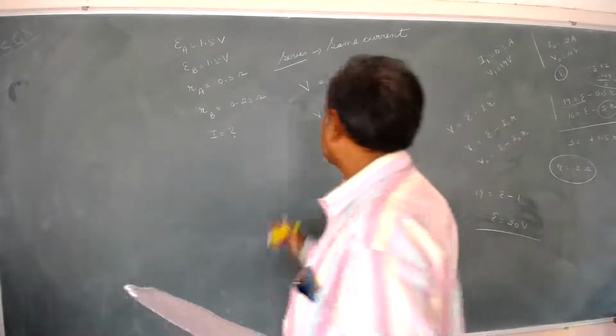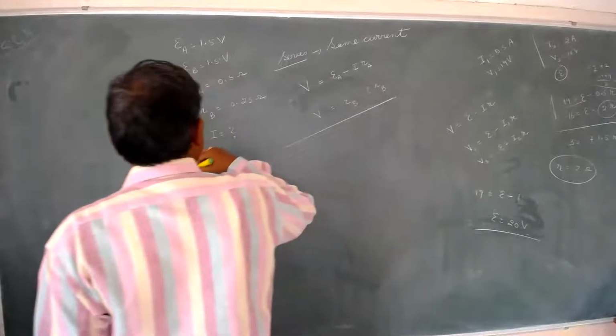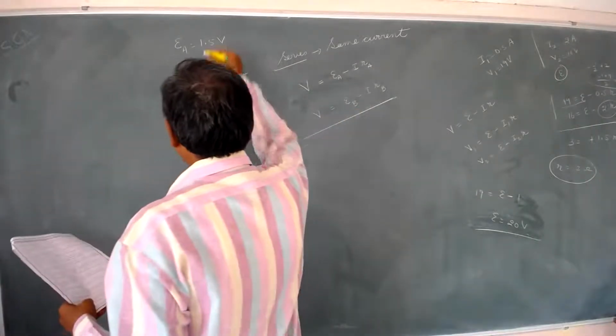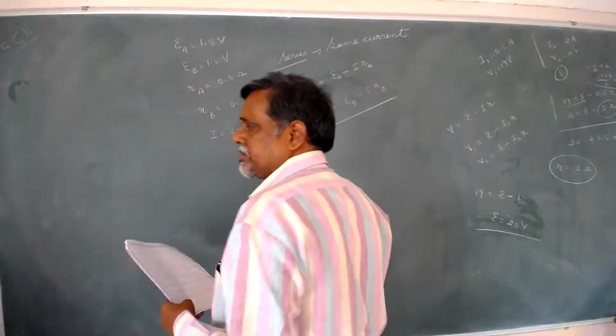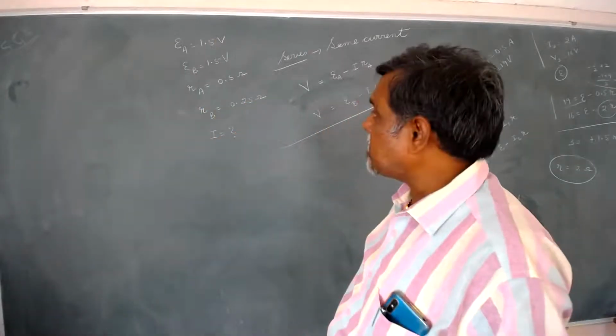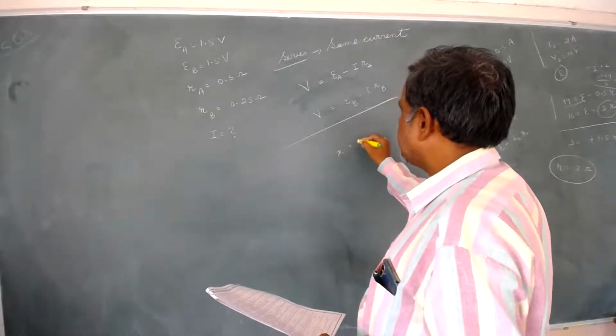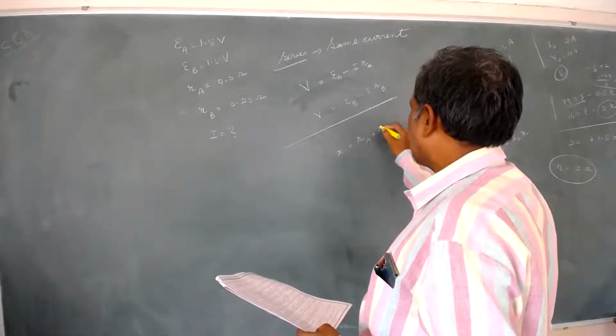Otherwise, one more approach I will give you. There is no external resistance, and moreover, these two cells are connected in series. In the series combination, the effective internal resistance R dash is RA plus RB.